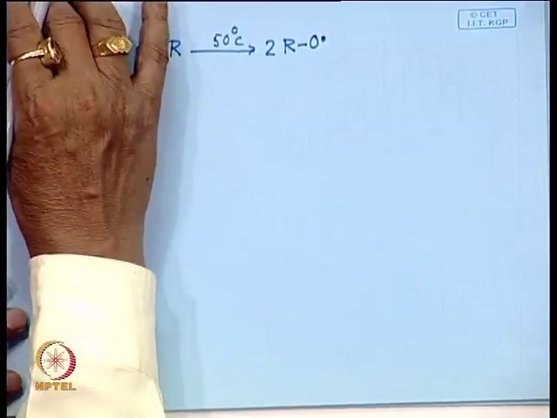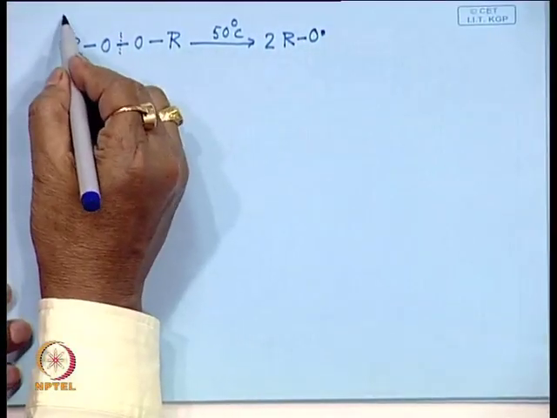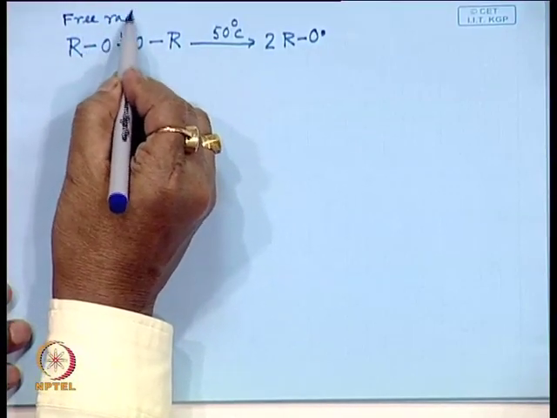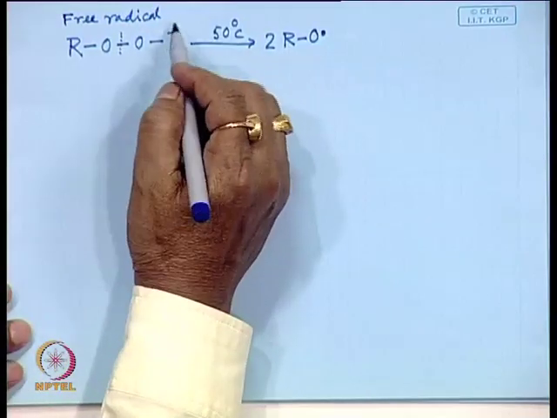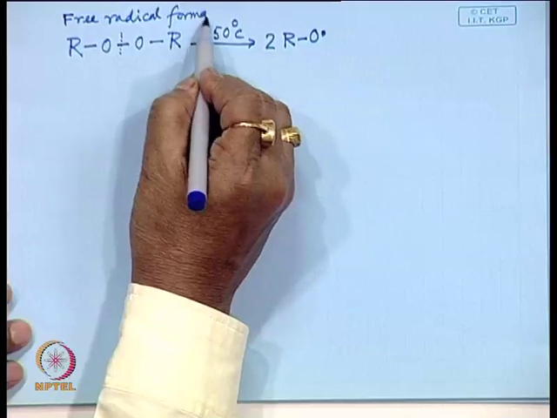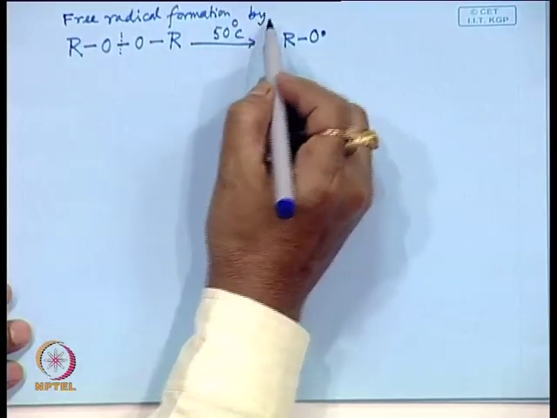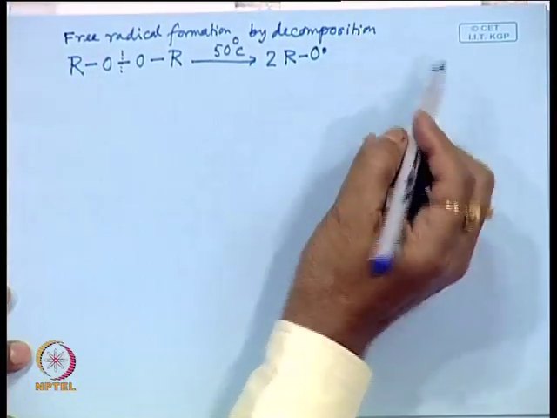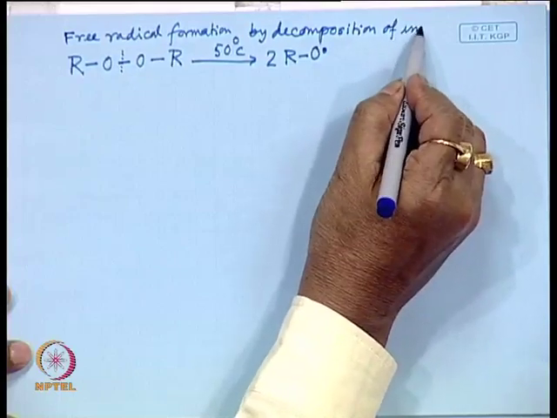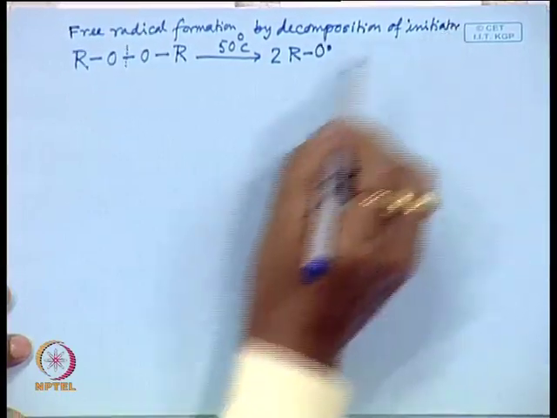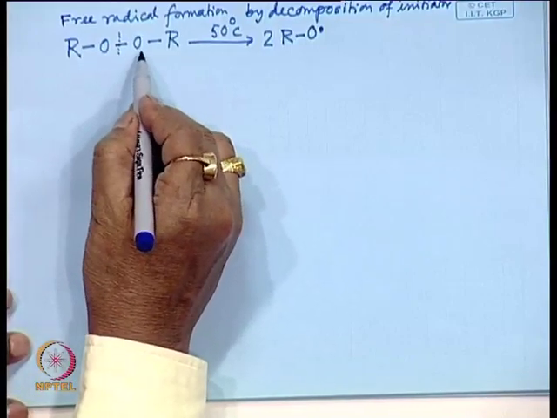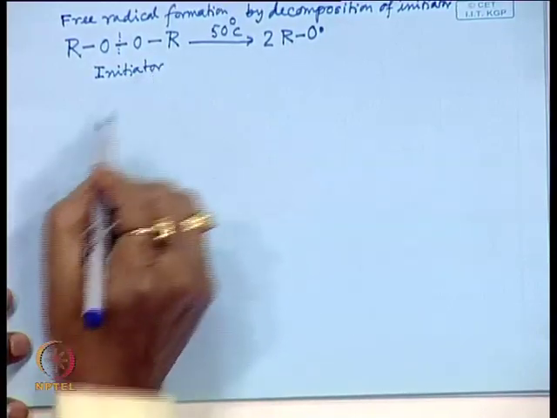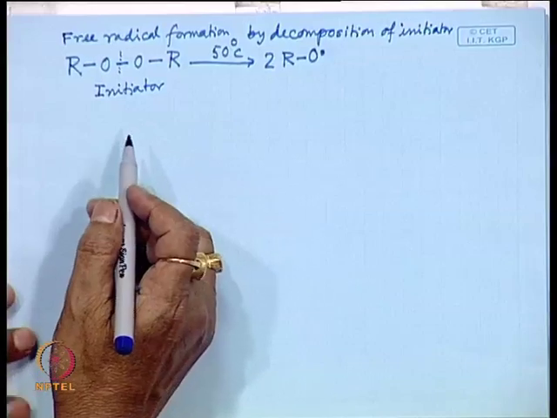This is a free radical formation reaction. Here this ROOR is an initiator. RO is an initiator.